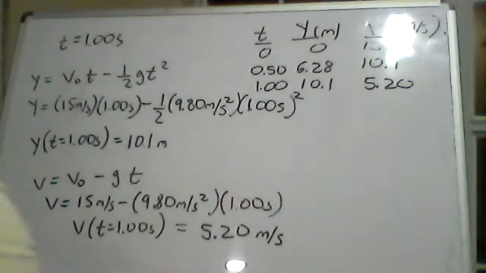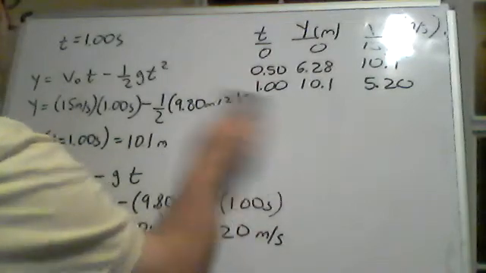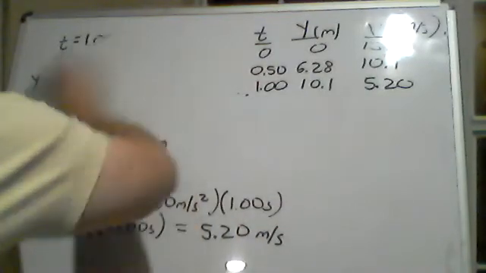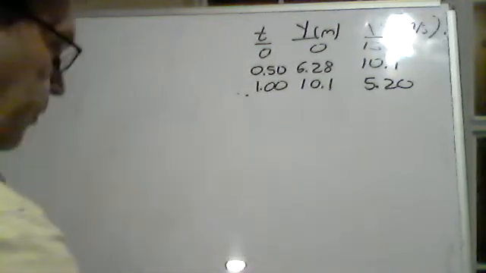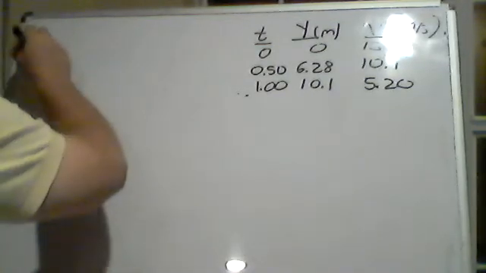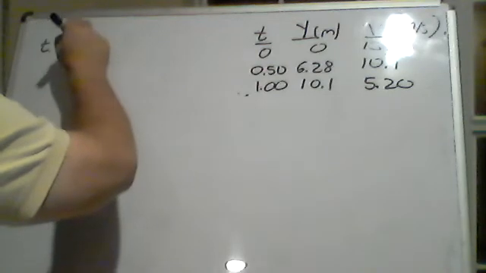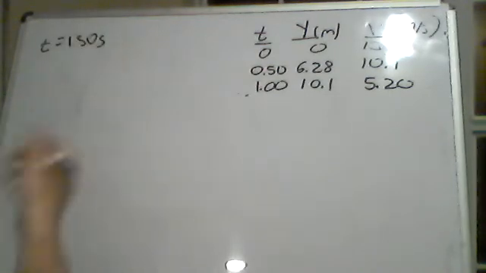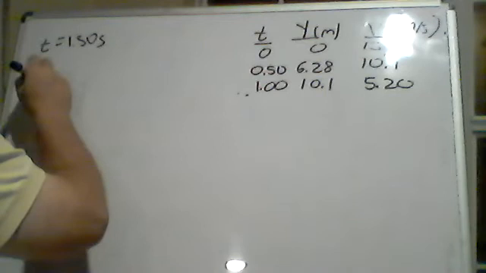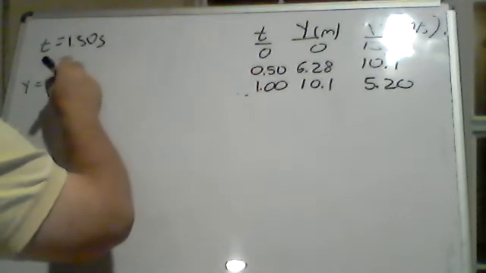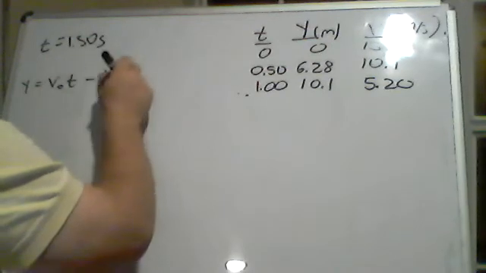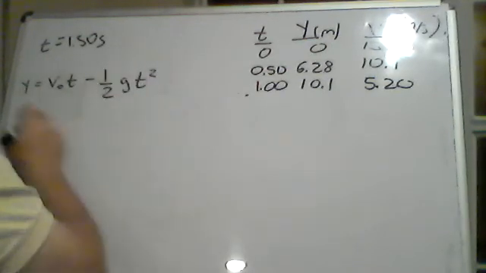All right, we want to do 2 more of these variations here. So we're basically tracking the rising ball. The next one is t equals 1.5 seconds. y is v naught t minus 1/2 gt squared.